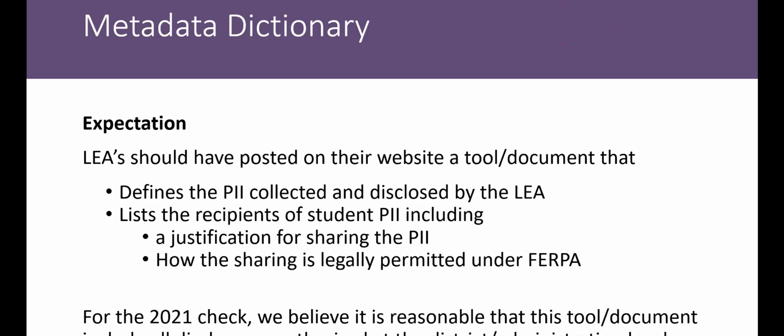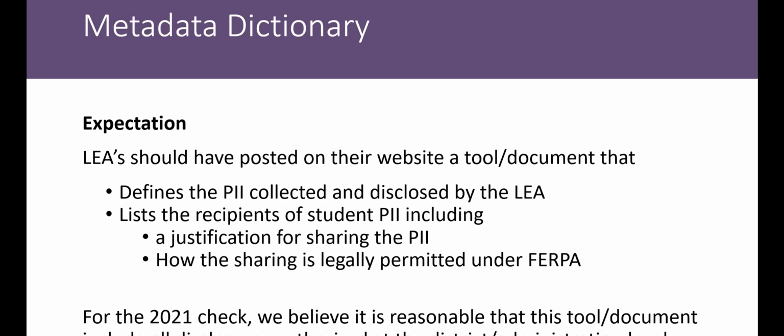So the legal requirements are you need to define the PII you collect and disclose, and you need to have a listing of recipients of student PII, and that needs to include some sort of privacy analysis, usually a justification for sharing the PII and how it's legally permitted under FERPA, which mostly just means share the exception under FERPA, which I think in most cases is probably going to be school official. So that's what we want to see.